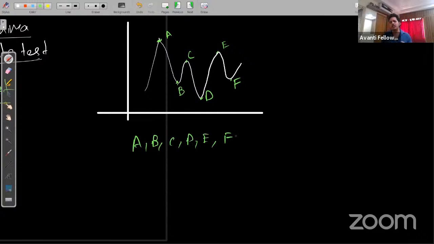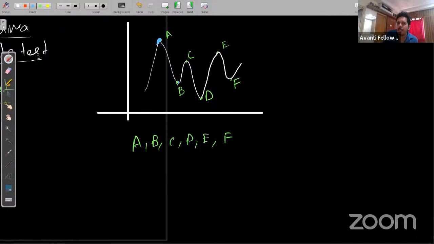Don't think much. I have drawn a diagram, and I'm asking you, what are those points? Very good, Naveen. Very good, Ashit. Look here, everyone. Point A is a maximum point.